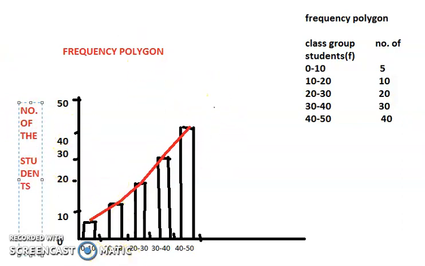Now at the bottom you will write what this is: this is the class group. Whatever the heading is, you need to write that. So here you will write class group or class interval, or if it is marks, you will write the marks obtained. Okay. So this is the entire frequency polygon, how you have to draw it and what things you have to write.